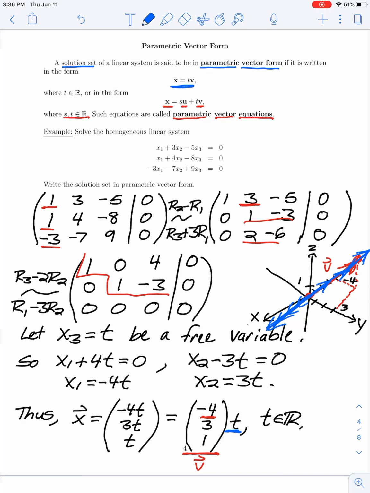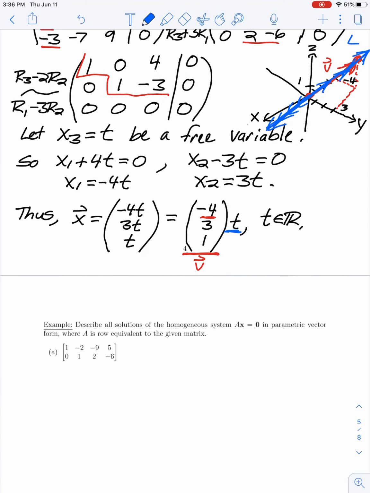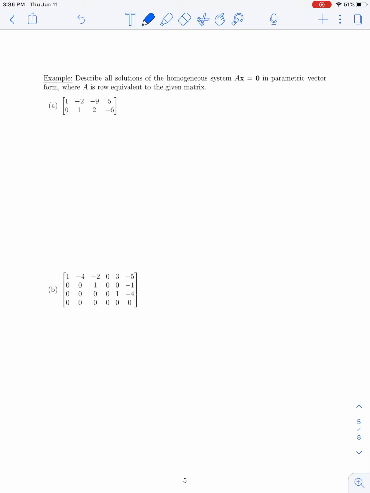And then by looking at all scalar multiples of it, we're defining this line, which we could maybe denote as L, through space. So every point on that line is a solution of this system. All right. So let's look at some other examples that are similar.